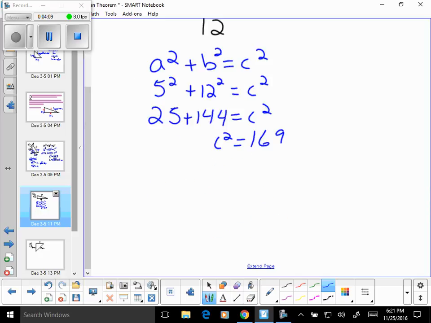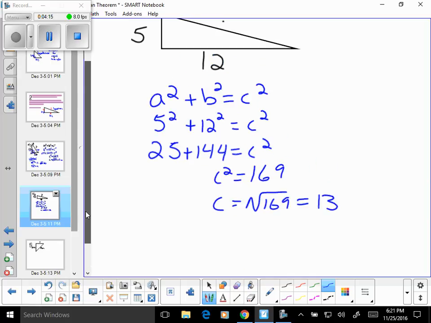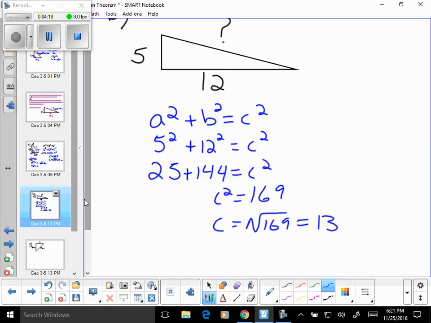Now the other day we learned that this is a perfect square, and I'm going to get 13. Now if you'll notice back here, they have no label listed, so then I have to use a label called units.